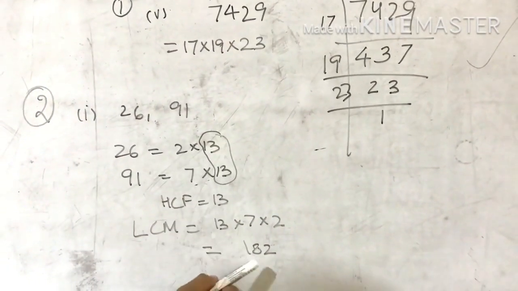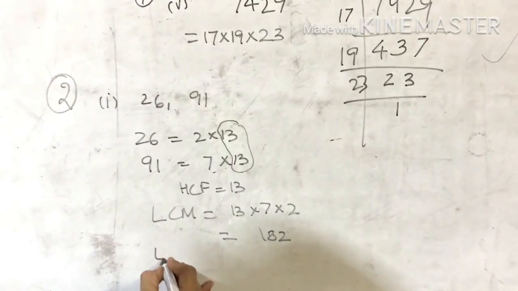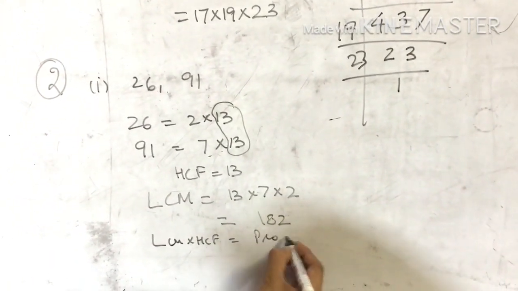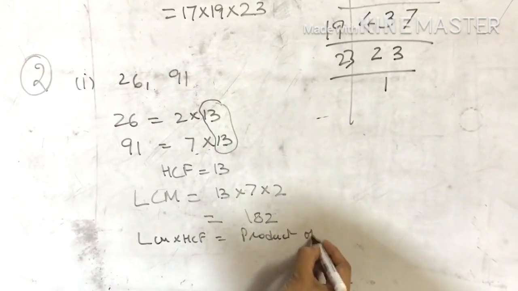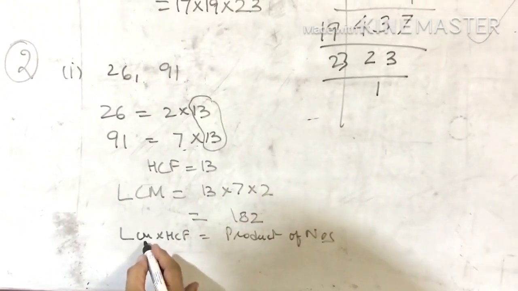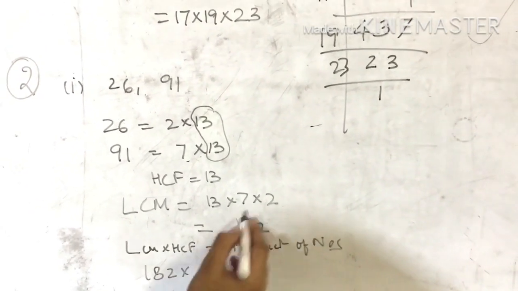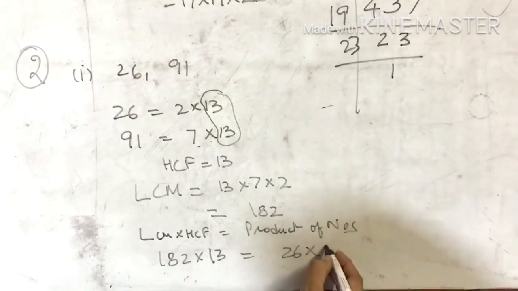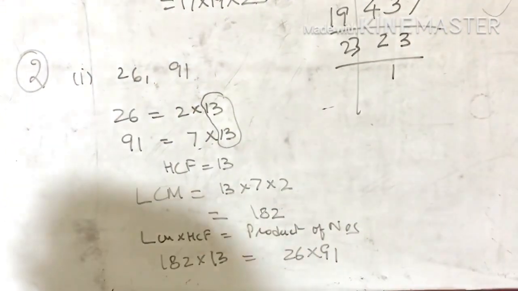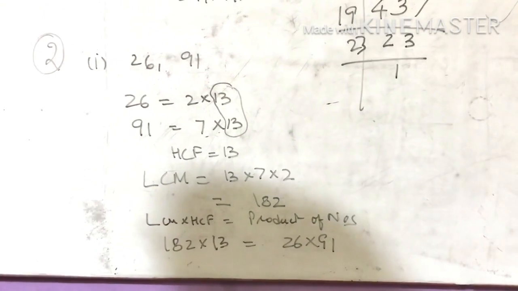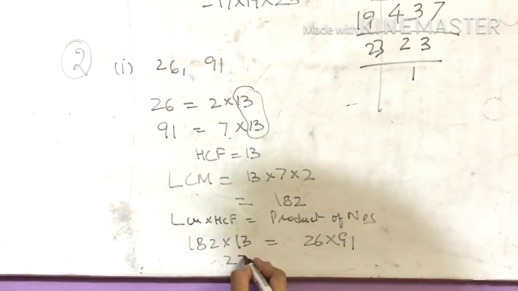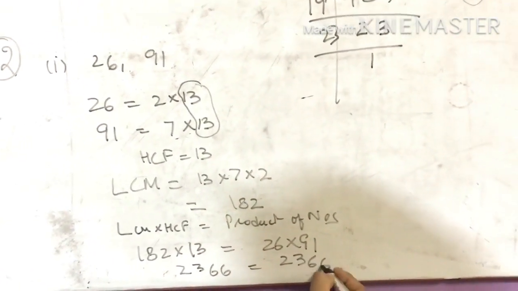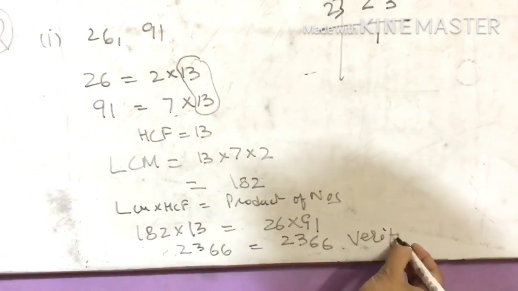Now you know HCF, you know LCM, and the formula is LCM into HCF should be equal to the product of numbers. So your LCM is 182, HCF is 13, and the product of two numbers is 26 into 91. You will multiply these two numbers, you will get 2366. So it is verified.